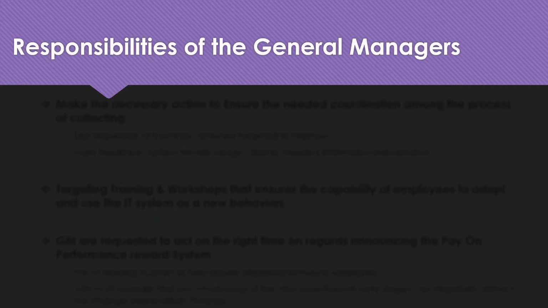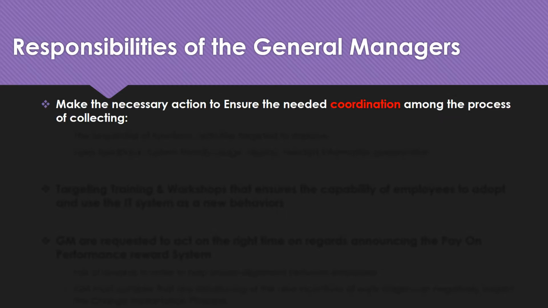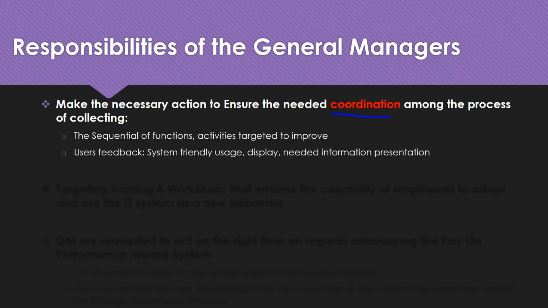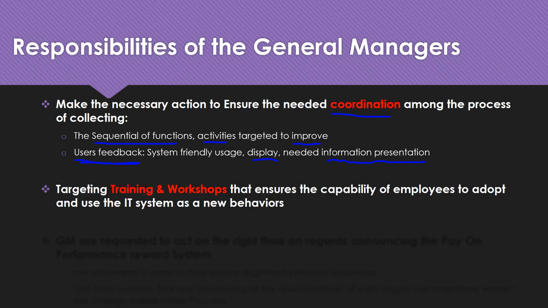So our responsibility as general managers here is to take the necessary action to ensure the needed coordination among the processes. That can happen by ensuring the right people who can provide the right sequence of the functions, activities, and what we need to improve, and ensure receiving user feedback for friendly usage of the system, the display of the system, what kind of information we must present on the system along the pilot process.